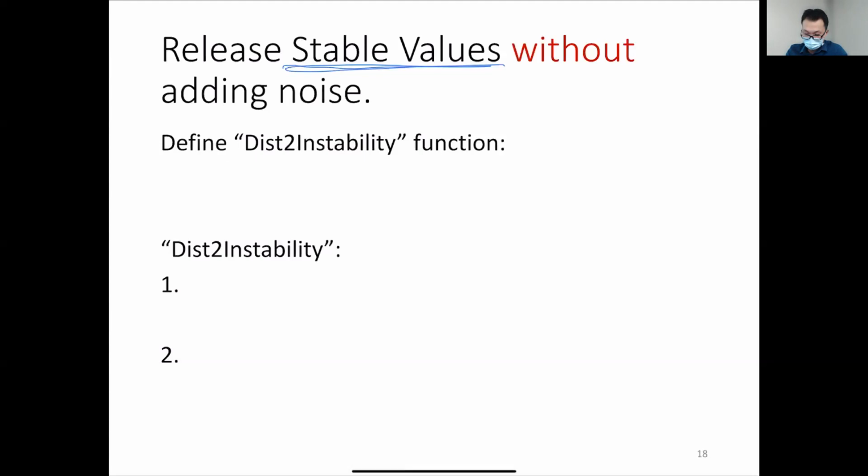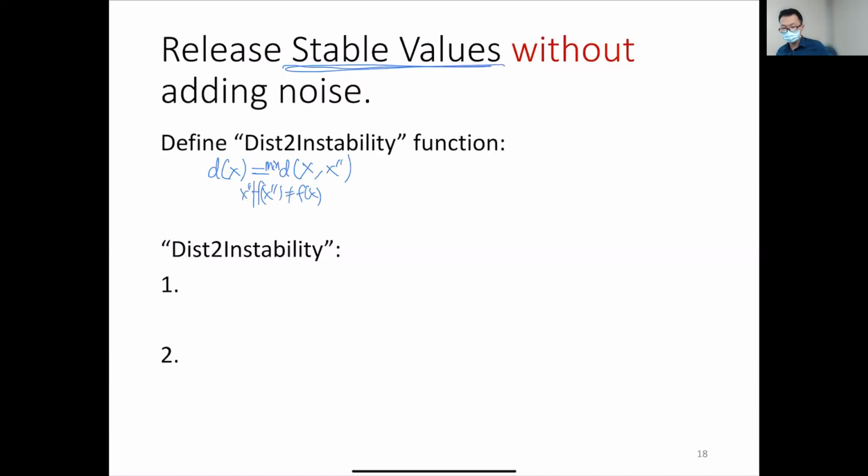So I'll call this the D function of data set X. The distance to instability function of X is the smallest distance of X to an X double prime such that X double prime satisfies that f of X double prime is different from f of X.